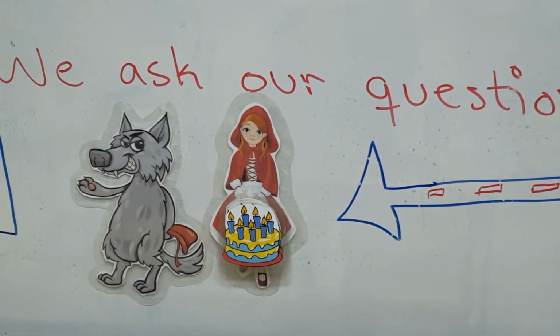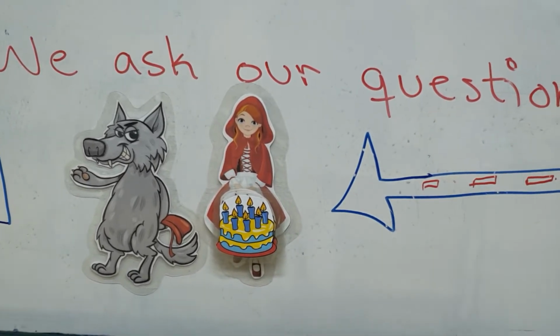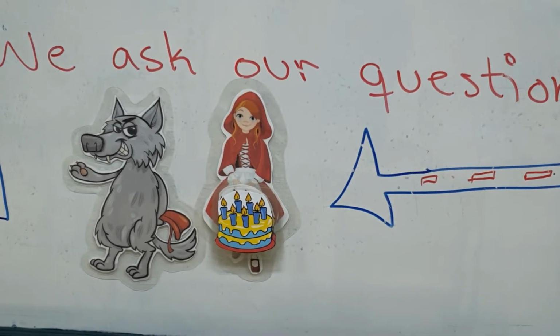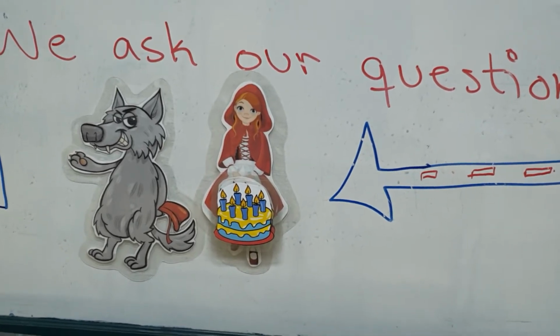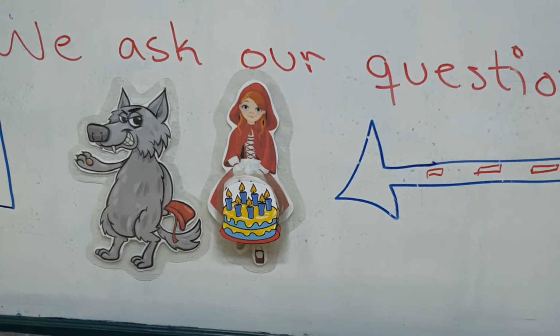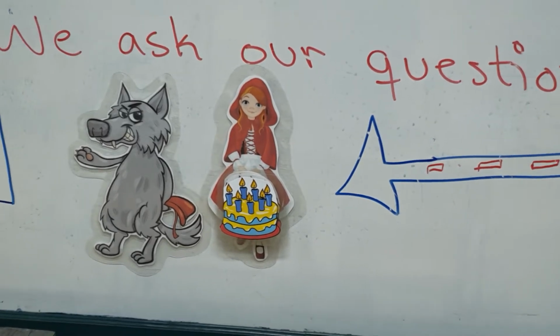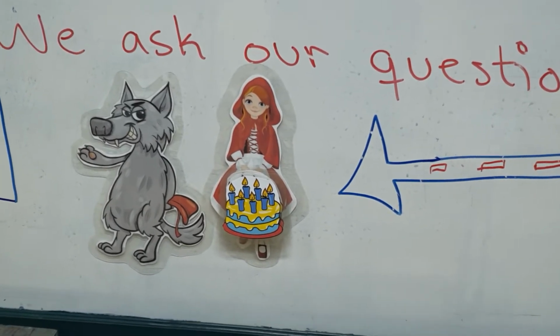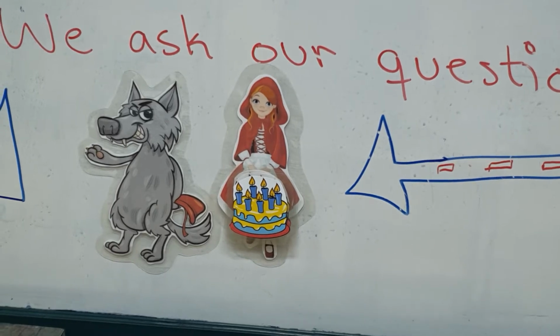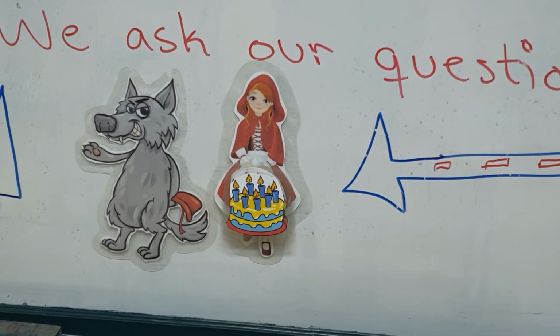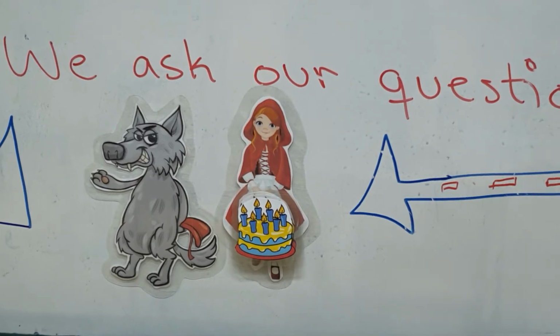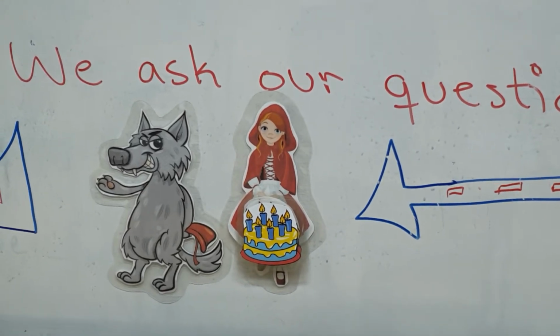And then the big bad wolf answered her, "Oh, but I feel so bad if something were to happen to you. Let me walk with you. We can walk together. I would like to meet your grandmother." And Little Red Riding Hood said, "Okay, let's walk together."